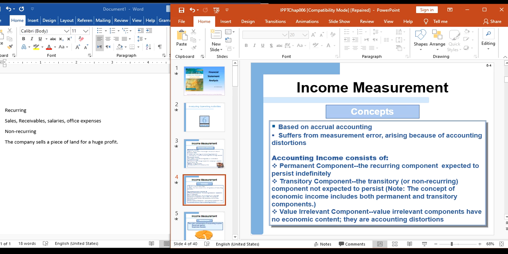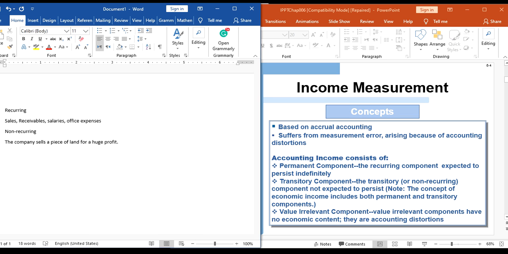In order to not get confused, this type of income, okay, in brief, is based on the accrual accounting. It's determined by recognizing revenue and expenses. Okay, so expenses and revenues of the company.